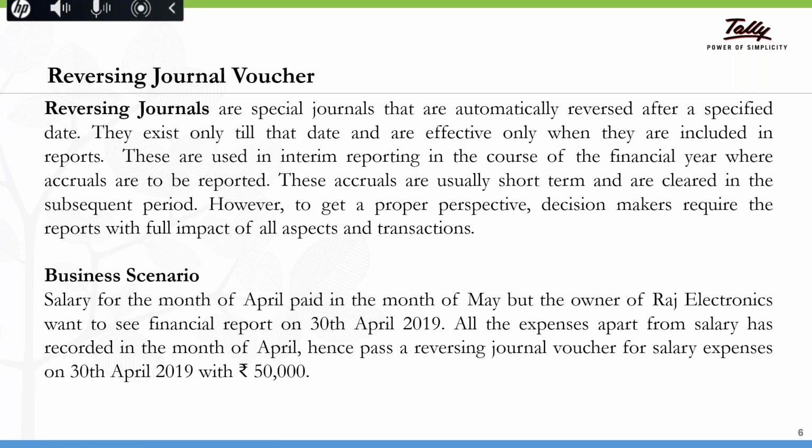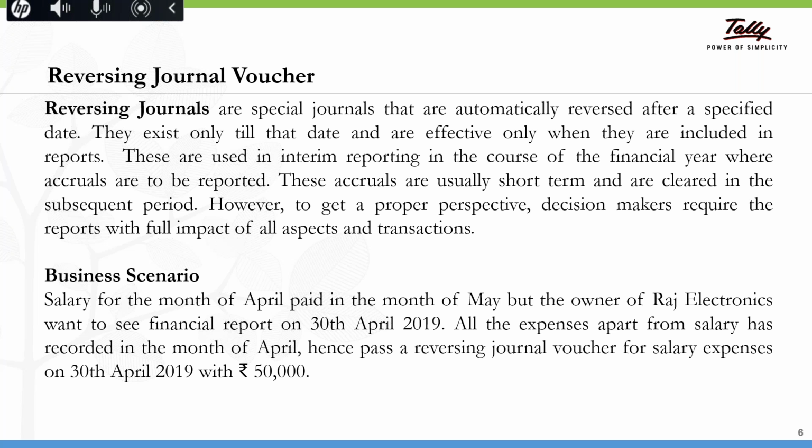Reversing journals are a special journal that are automatically reversed after a specified date. Okay, so it's very simple: after a certain or specified date, it will automatically reverse. This means the effect of the reversing journal is automatically reversed after a specified date. They exist only till that date and are effective only when they are included in reports.